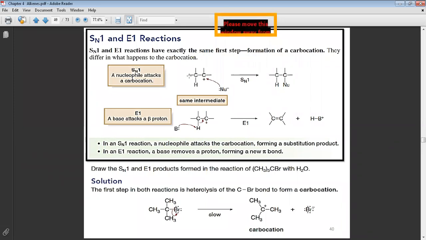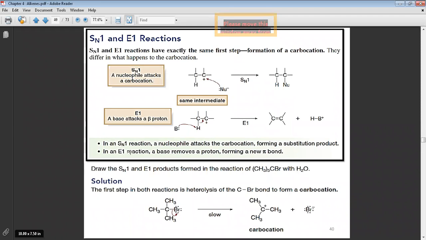That is the difference. SN1 reaction: the nucleophile attacks the carbocation, forming a substitution product.